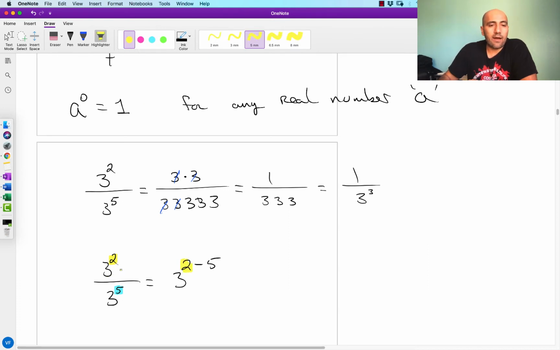It's always the power of the exponential number in the numerator of the fraction minus the power of the exponential number in the denominator, in this order. But now when I subtract them in this order, I'm going to get a negative number. This is going to be equal to 3 to the power of negative 3.